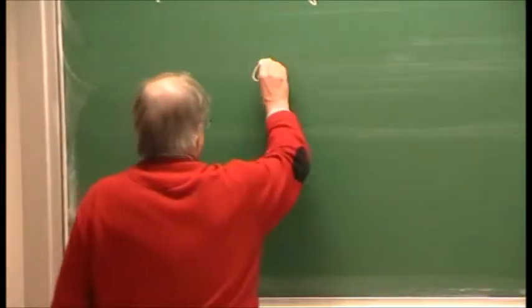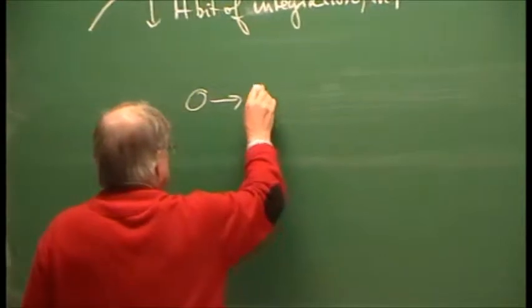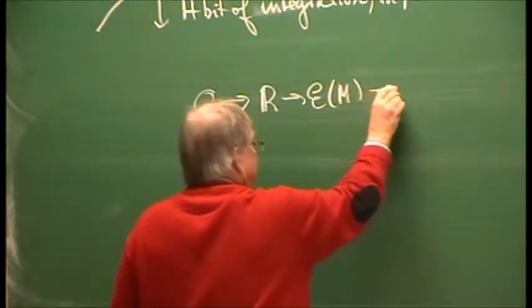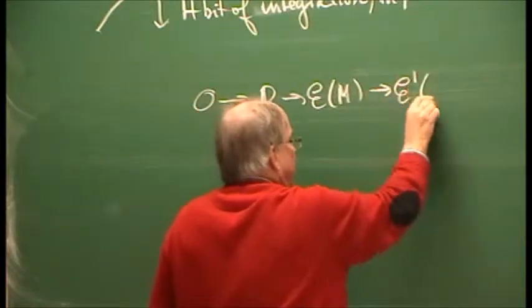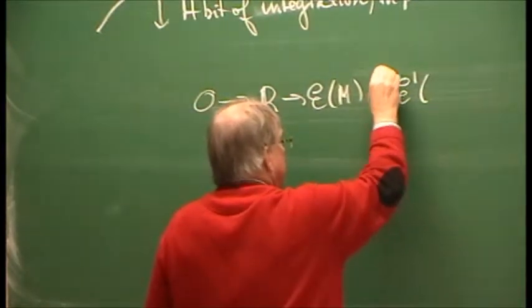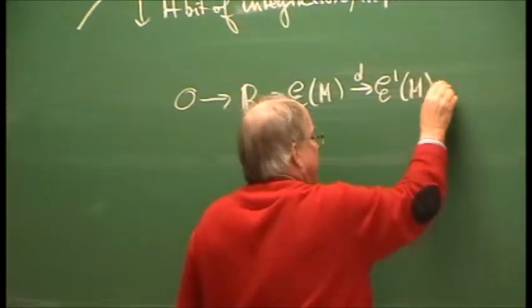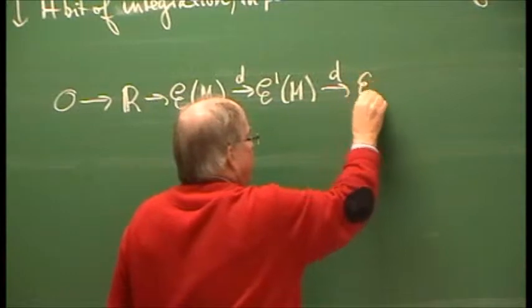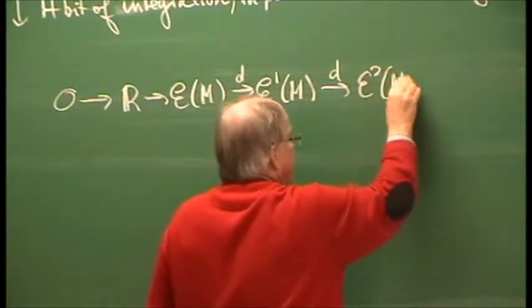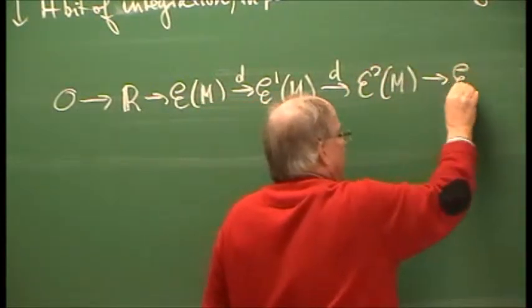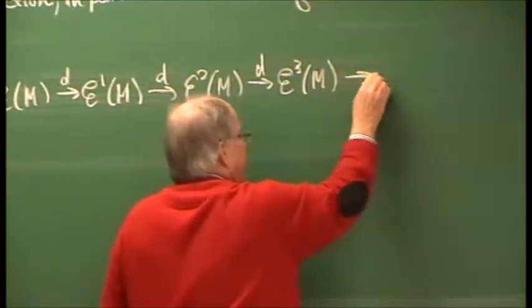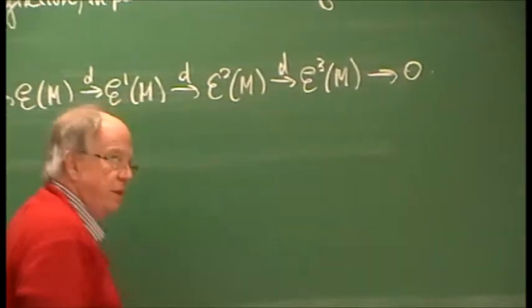So let me recall this just for fun. Let's put de Rham on top. So the manifold is connected. So the constant functions. Then you have the d operator. You get one forms and two forms, and so on. And I'm only going to do this in dimension 3, which is the usual dimension that you are involved with when you first meet this subject.